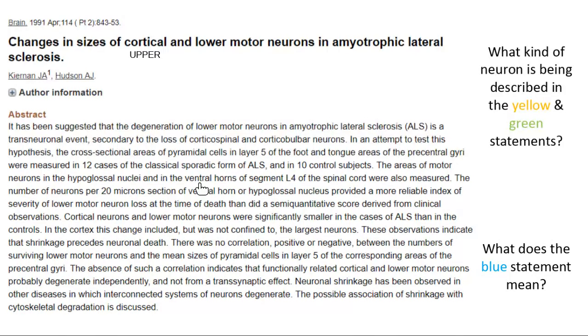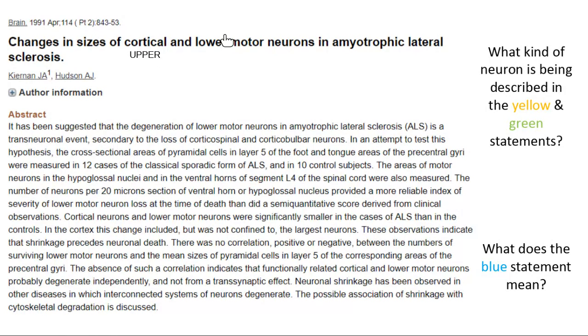What they found in this study is that both the upper motor neurons, the cortical neurons, and the lower motor neurons were smaller in patients who had ALS. So we basically can't tell if it's a chicken or an egg thing. Did the upper motor neuron stop talking, so the lower motor neuron got smaller?